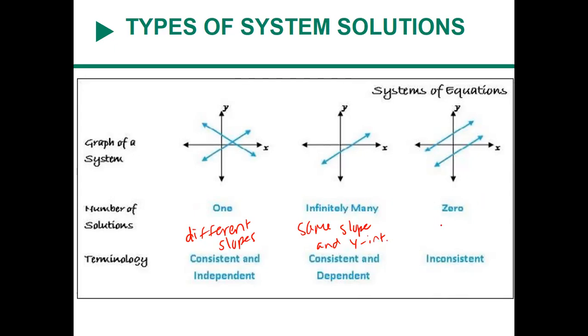With 0, that means they have the same slope, but different y-intercepts. So if I'm looking at two equations and I'm trying to decide whether it's going to be consistent and independent, I'm paying attention to its slope and its y-intercept. Okay.